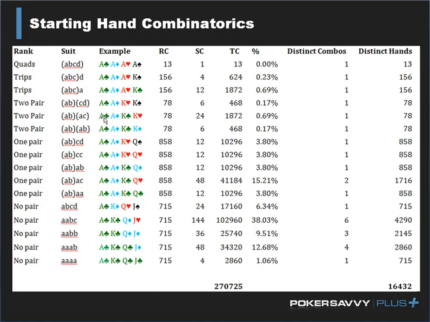There's also 24 different ways to do a double paired single suited ace, ace, king, king. There's 6 different ways to do a double paired double suited. Again, in this case, once you choose the suit for the aces, then you're stuck with those exact same suits for the kings, which is why there's only those 6 combinations.